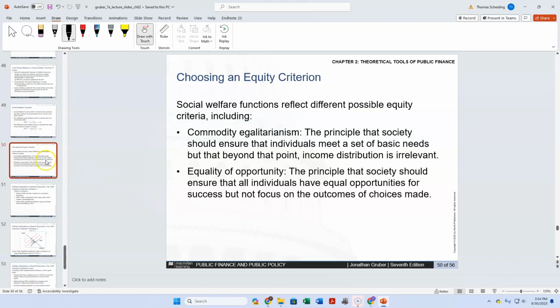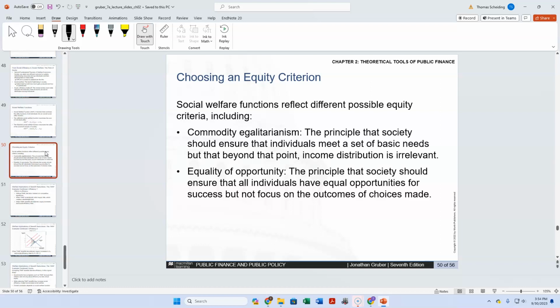What other ways could we think about how to get better equity rather than efficiency? Well, we could look at some other criteria. One being commodity egalitarianism, the other being equality of opportunity.